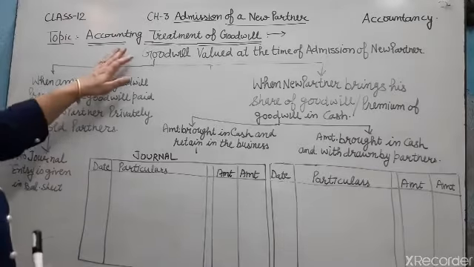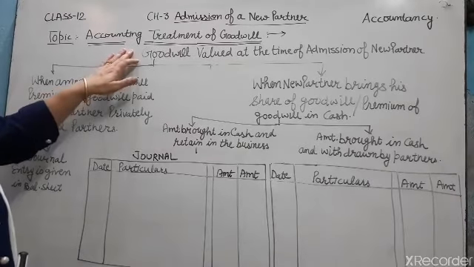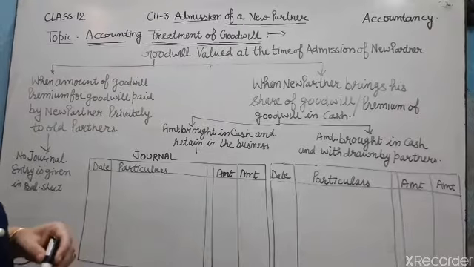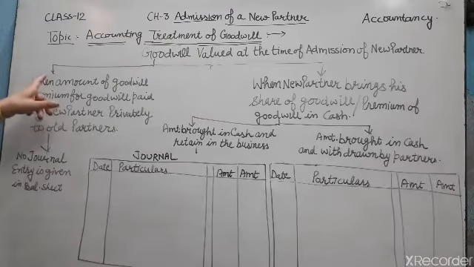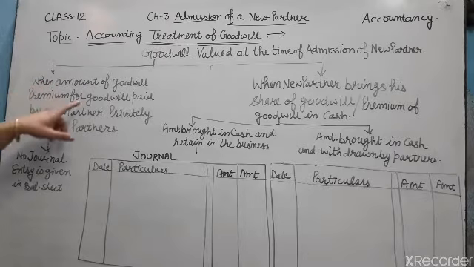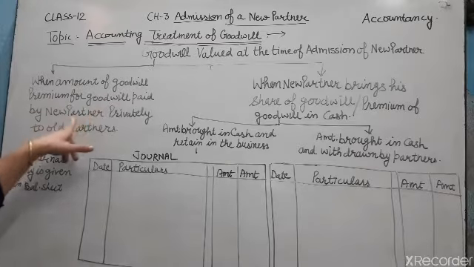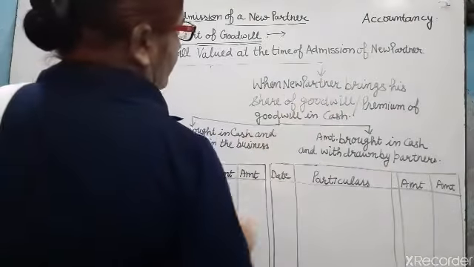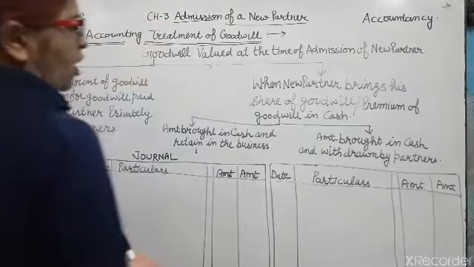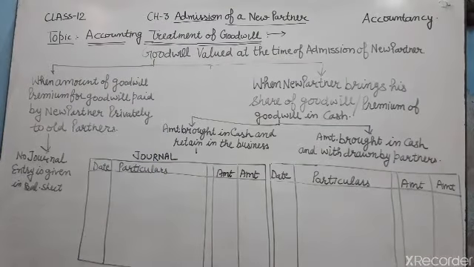When a new partner is admitted and goodwill is valued at the time of admission, there are three methods. First is when the premium for goodwill is paid by the new partner privately to the old partner. And second is when the new partner brings his share of goodwill in cash.